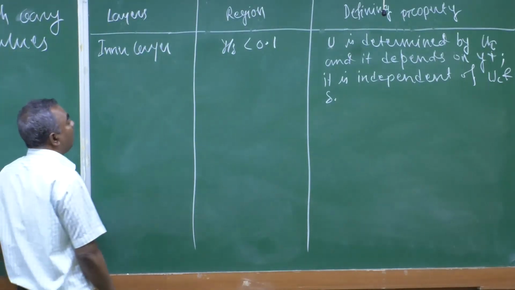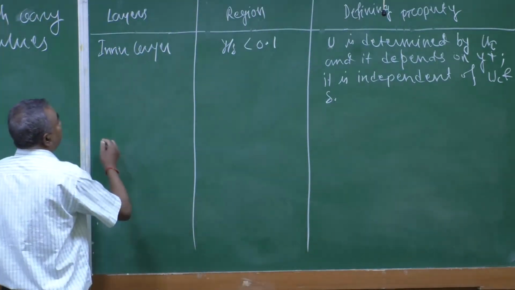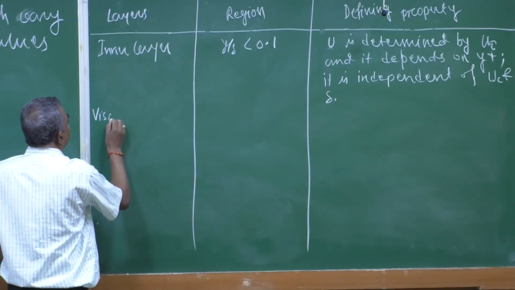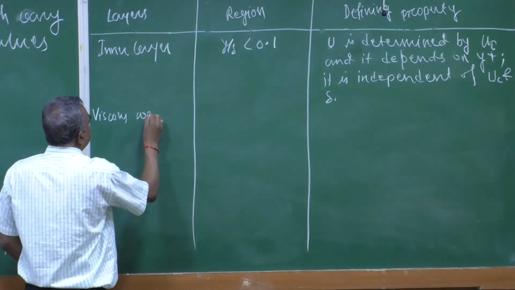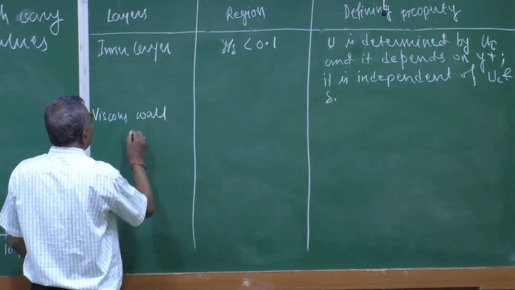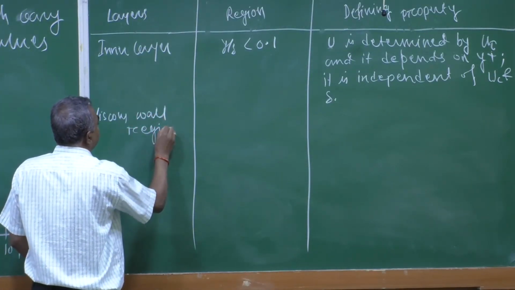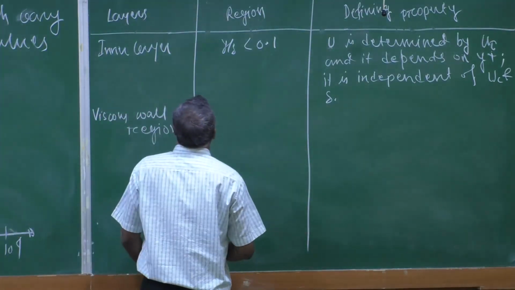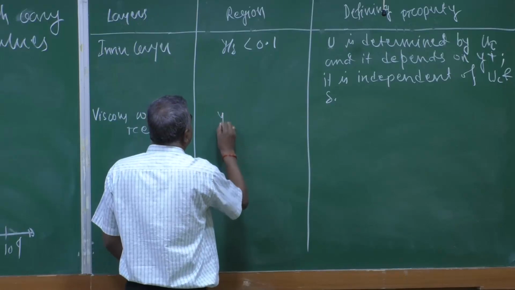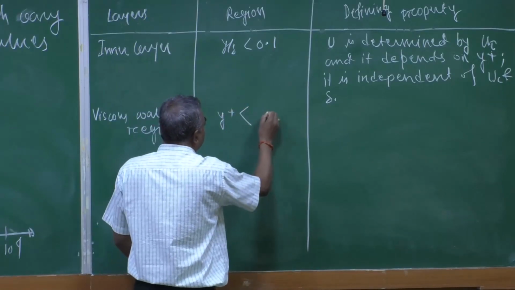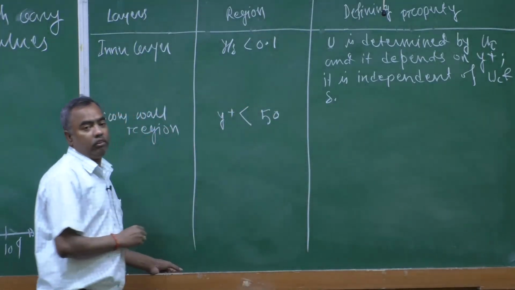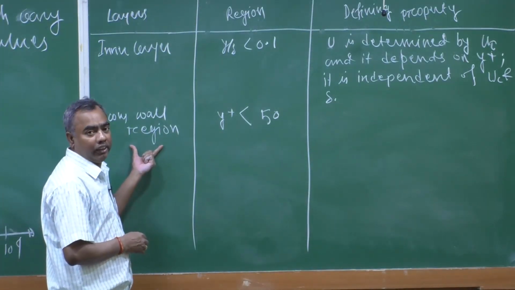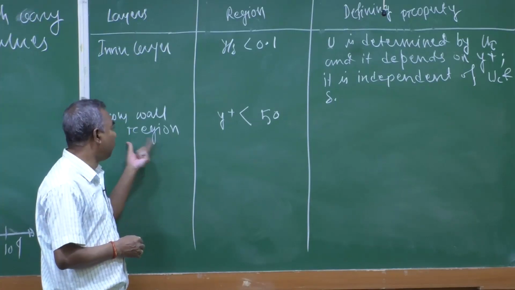Then another layer, the viscous wall region. It is actually for y plus less than 50. So, for y plus less than 50, the layer which exists is known as the viscous wall region.